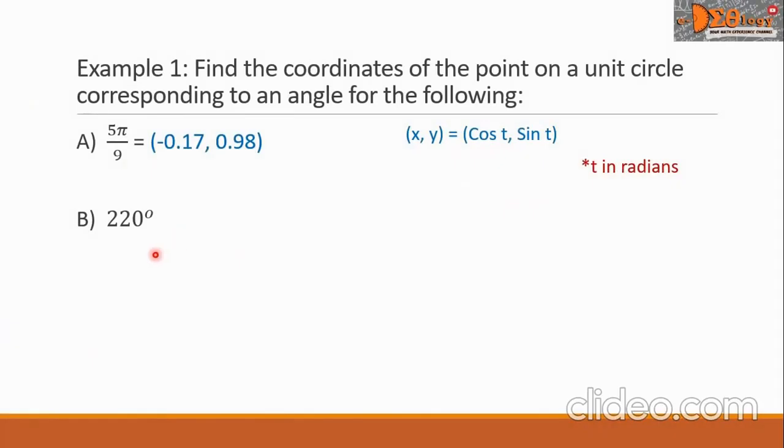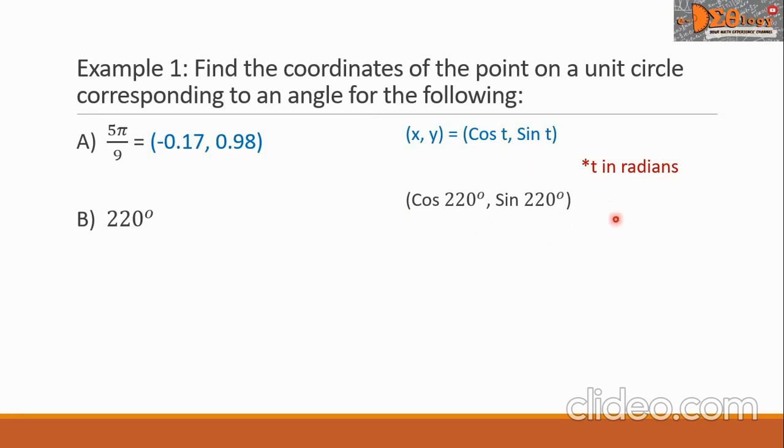Let us answer letter B, 220 degrees. Let us substitute this angle to our coordinates formula. So we have now cosine of 220 degrees, comma, sine 220 degrees. But take note that the t must be in radians.